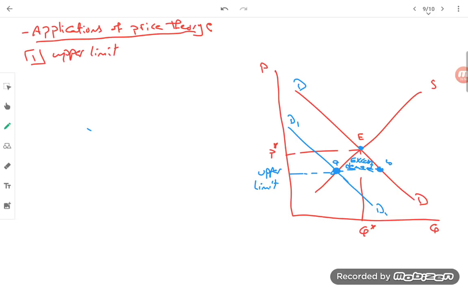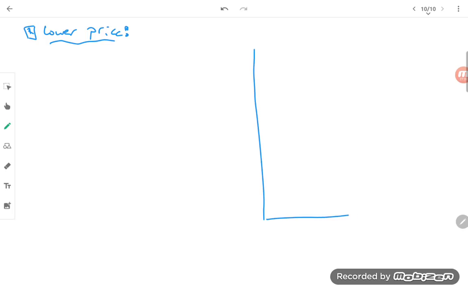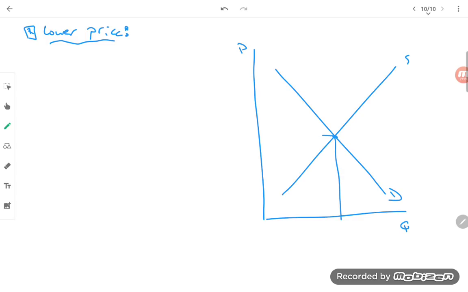Case number 2. The government is going to set a lower limit price, not an upper price. Let's start with the initial situation. This is Q, P, equilibrium, D, and S. This is the equilibrium point at P star, and this is the equilibrium quantity.